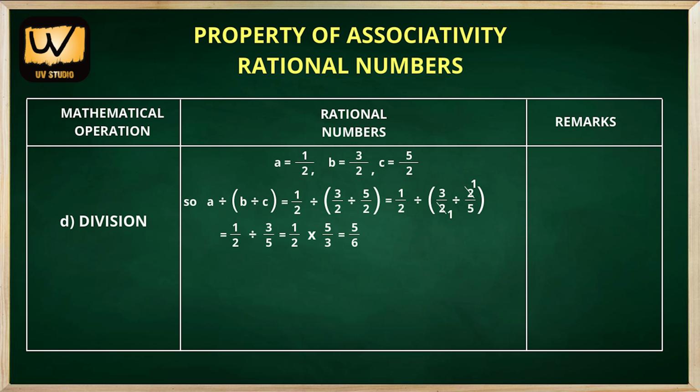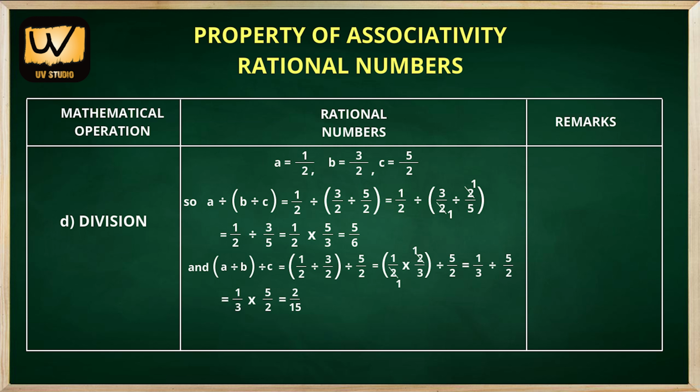That is equal to half divided by (3/2, division becomes multiplication, 5/2 becomes the reciprocal 2/5). 2 gets cancelled. That is equal to 1/2 divided by 3/5. Again division becomes multiplication, 3/5 becomes 5/3. And the final answer is 5 ones are 5, 2 threes are 6: 5/6.